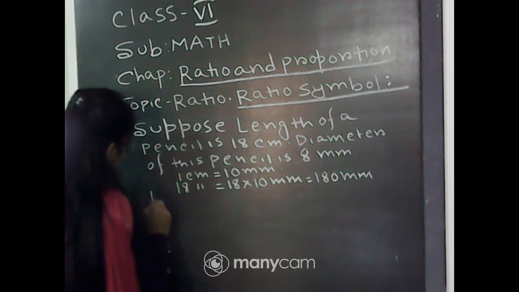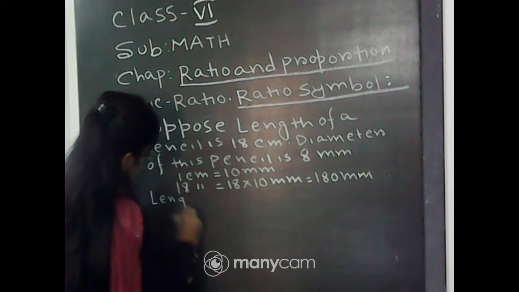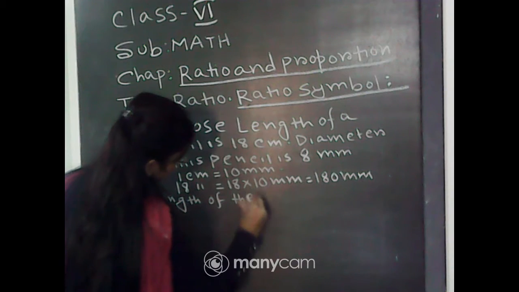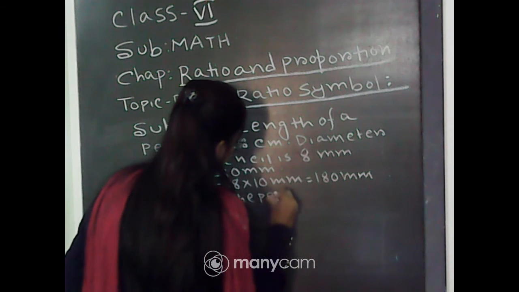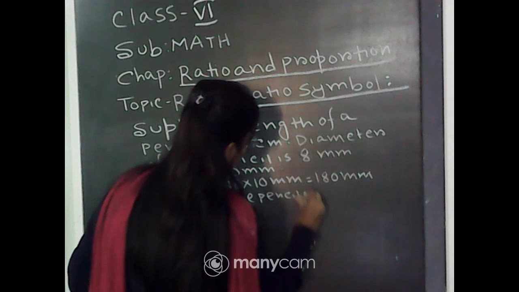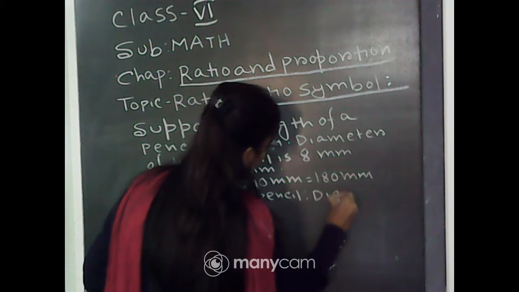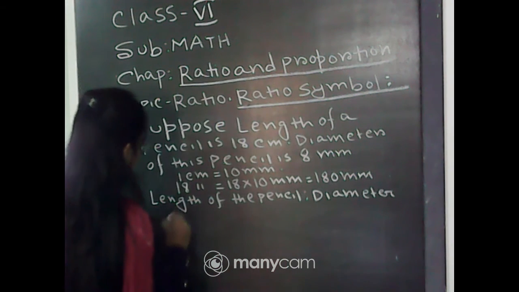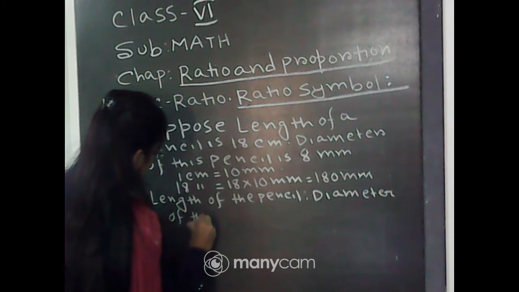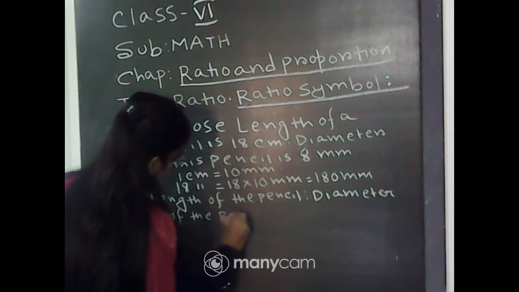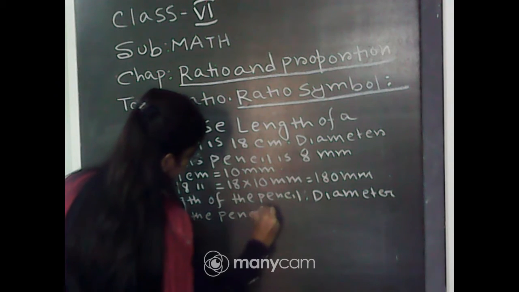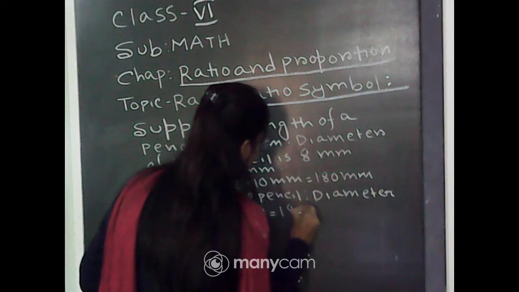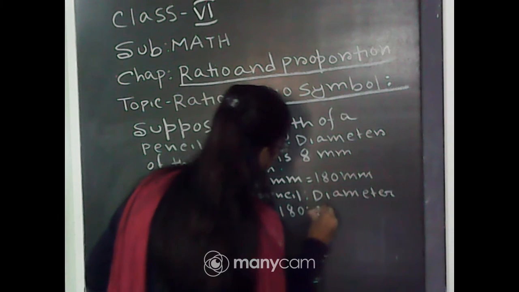Therefore, the length of the pencil is to the diameter of the pencil is equal to 180 mm is to 8 mm.